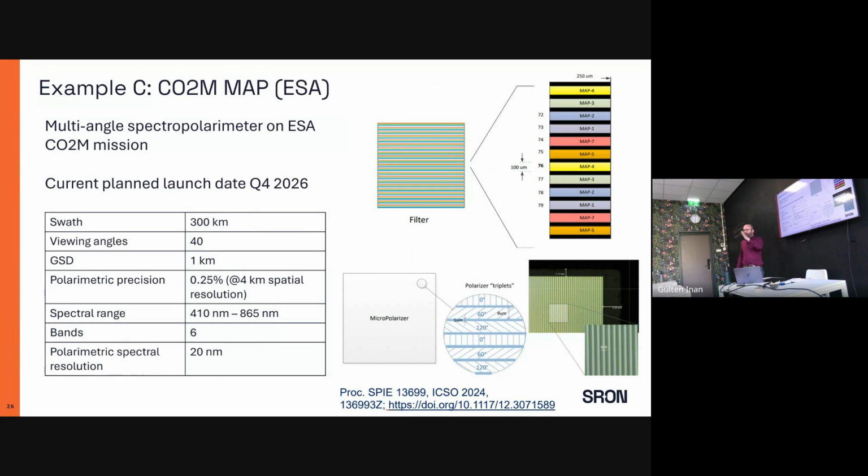You take 3 of them, at 0 degrees, 60 degrees, and 120 degrees. From that you get the polarization, and from the bandpass filters you get the color. Then you have 6 of those channels superimposed with the micropolarizers, a lot of viewing angles, and a polarimetric spectral resolution of 20 nanometers. Hopefully it will be launched at the end of next year.